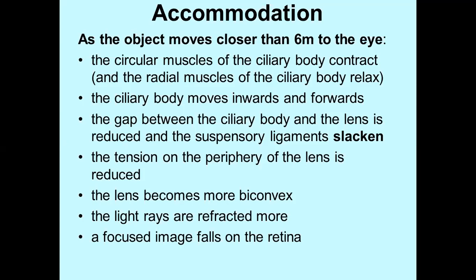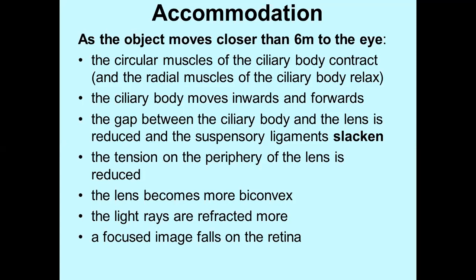Okay, so that's accommodation. I would learn it as 7 steps. It's easier if you learn it as steps. So the circular ciliary muscles of the ciliary body contract, radial relax. Ciliary body moves inwards and forwards. The gap between the ciliary body and the lens is reduced.